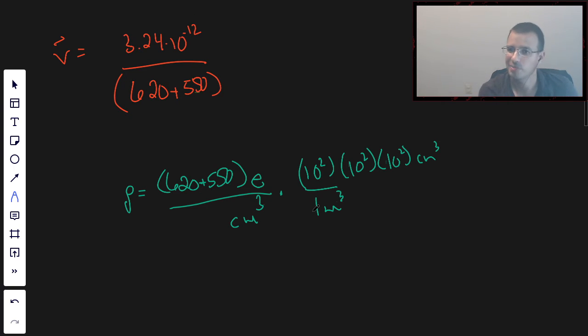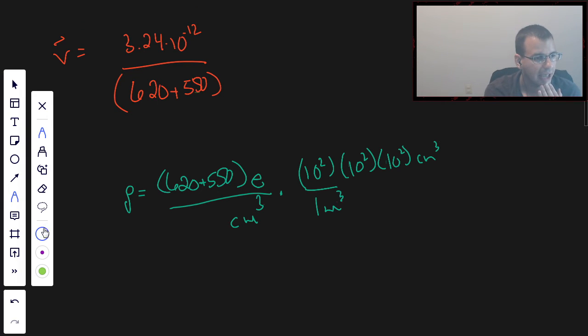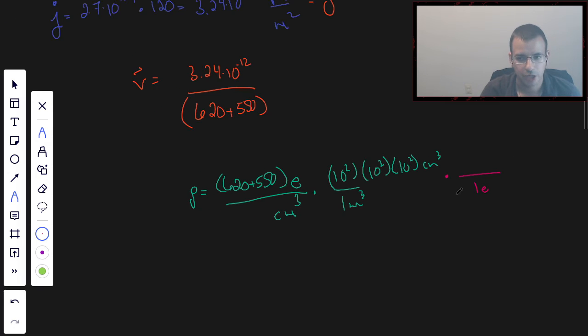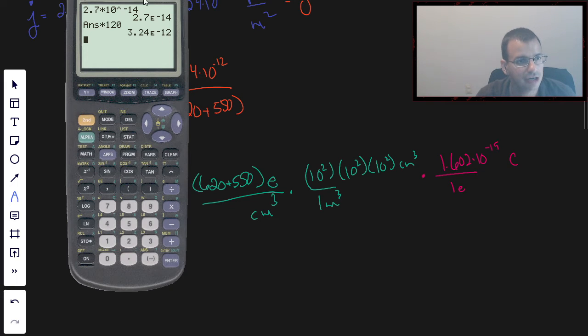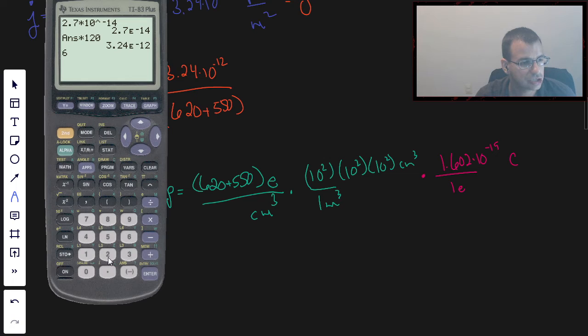And then we multiply 1 by itself 3 times as well, but that's still 1, so I'm going to call that good. And we want this in terms of coulombs. So I'm going to change the electric charge to coulombs, which is 1.602 times 10 to the negative 19th coulombs per elementary charge.